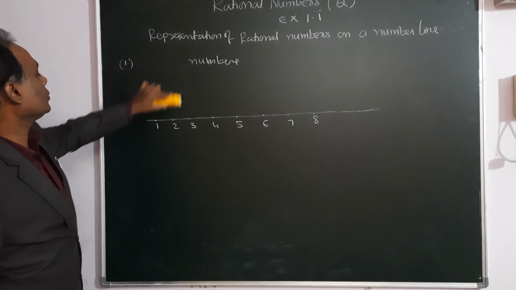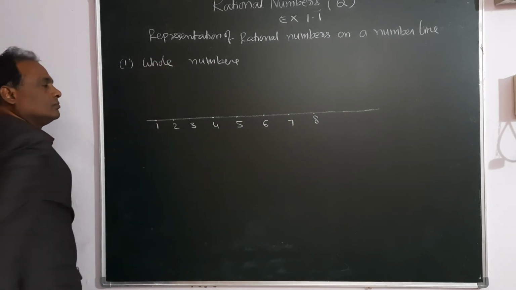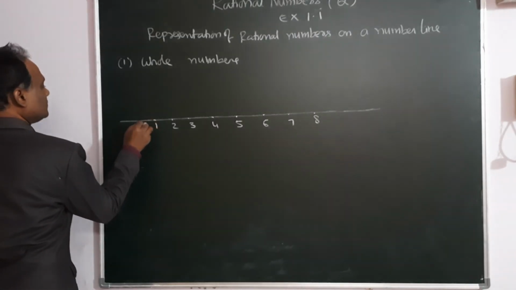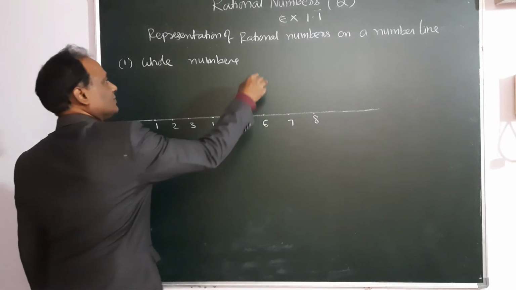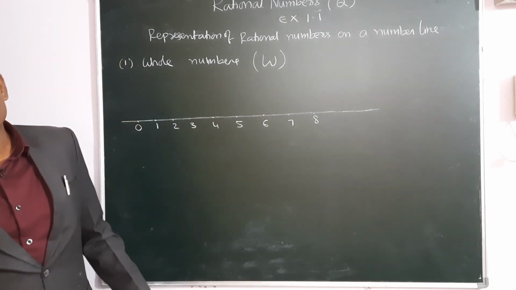Suppose you are asked to represent the whole numbers. Whole numbers start from 0. That's all. Whole numbers representation on a number line.